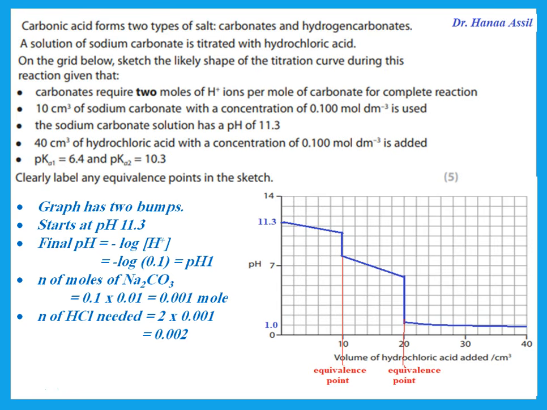So this is the number of moles of HCl, and that means that the volume is number of moles over concentration, and that means that the volume is 0.02 dm³, which is 20 cm³. This is the volume at which you have the equivalence point. So this is where you have a sharp decrease of pH.